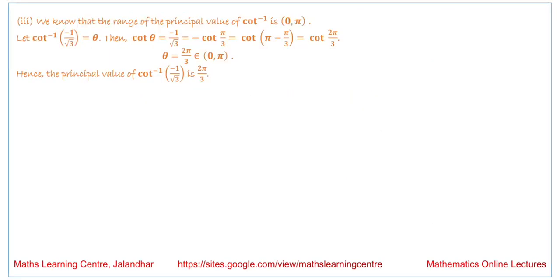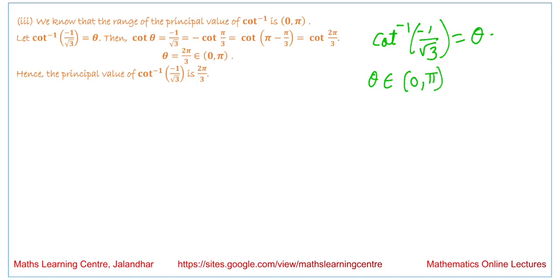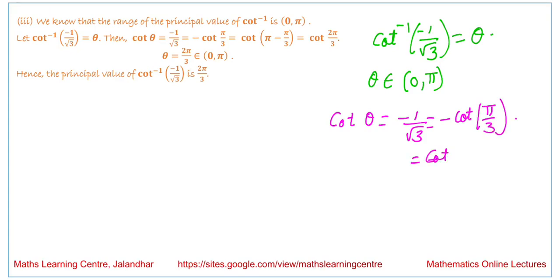Next question we have is cot inverse of minus 1 by square root 3 that we have to calculate, and suppose we say that this value is equal to theta, and this theta should belong to the open interval 0 to pi. So we are interested in the value of theta for which cot of theta should be equal to minus 1 by root 3, that is equal to minus cot of pi by 3, which is equal to cot of pi minus pi by 3.